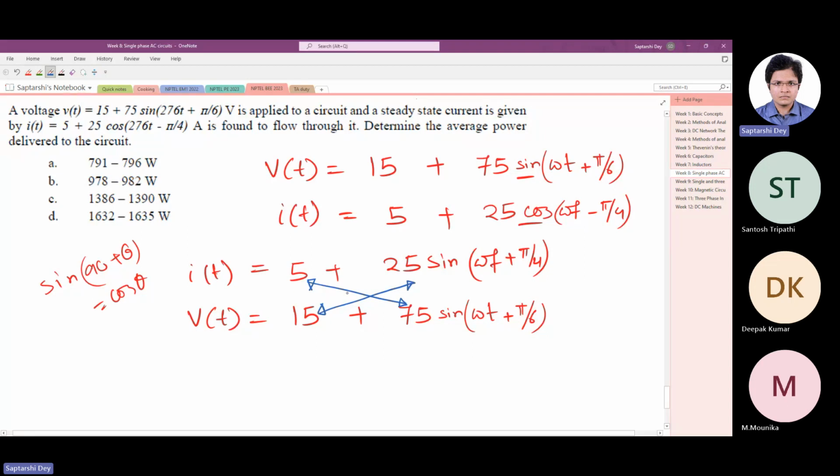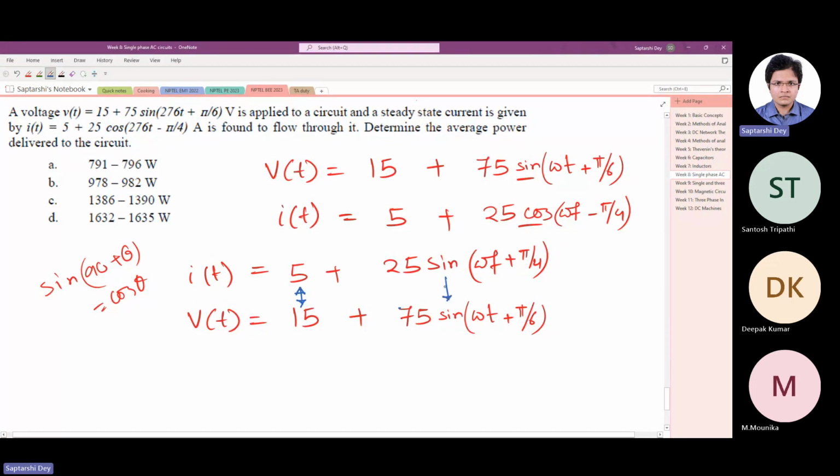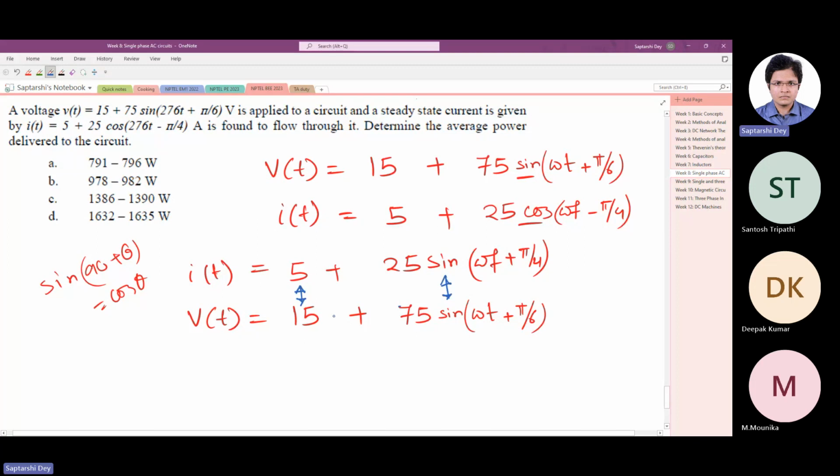Only meaningful non-zero average power comes from the interaction between these two and between these two. So there will be four components, out of which one is completely DC, three are AC, and out of those three AC components, two do not give any average power, one gives average power.